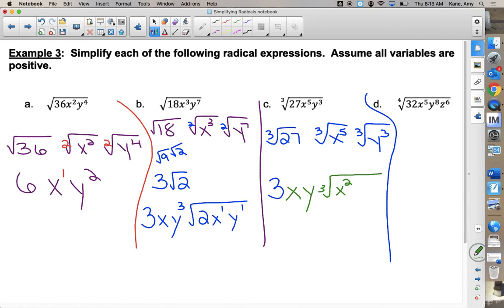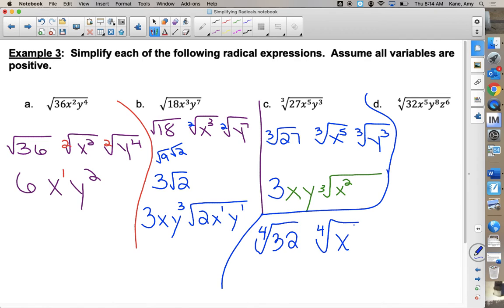So the last one under this is a 4th root. So 4th root of 32, maybe I'll write it underneath so I have more room. 4th root of 32, fourth root of x to the fifth, y to the eighth, and z to the sixth.